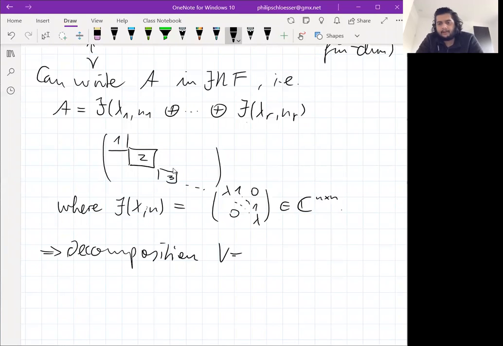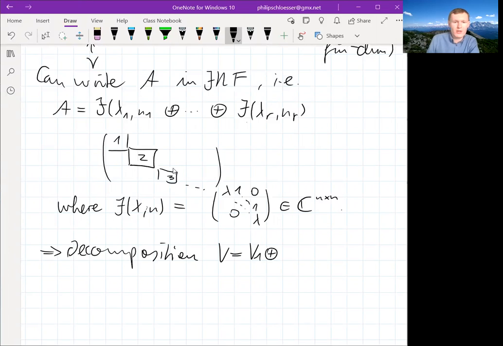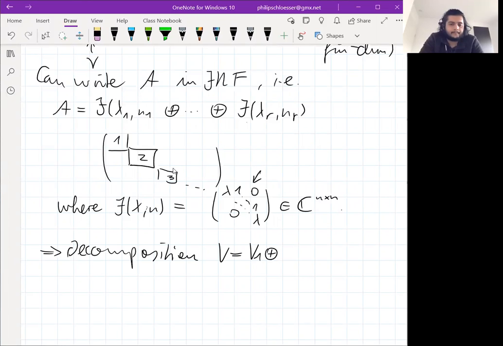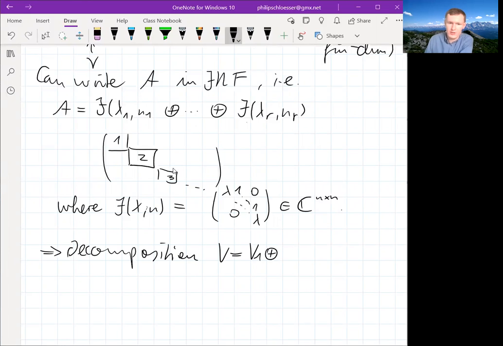I mean, if they're block diagonal, they're clearly not simple, right? No, I mean, on each block, the action just looks like this. And that does look simple, but it's not.